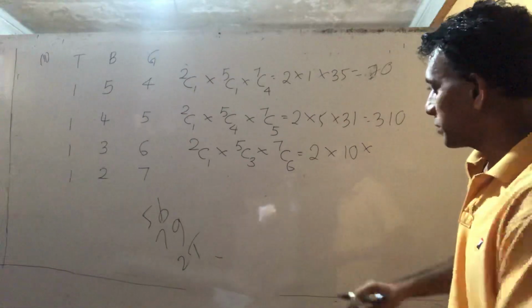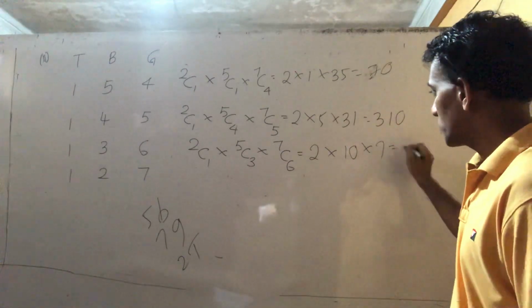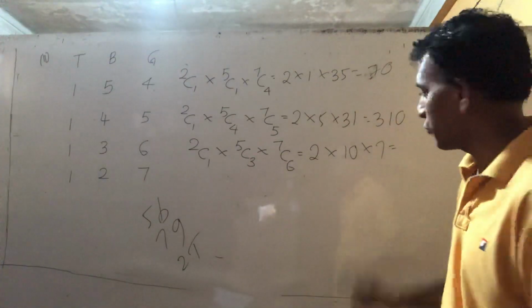And see the next one, the answer becomes 7. So multiply by 20, 140.